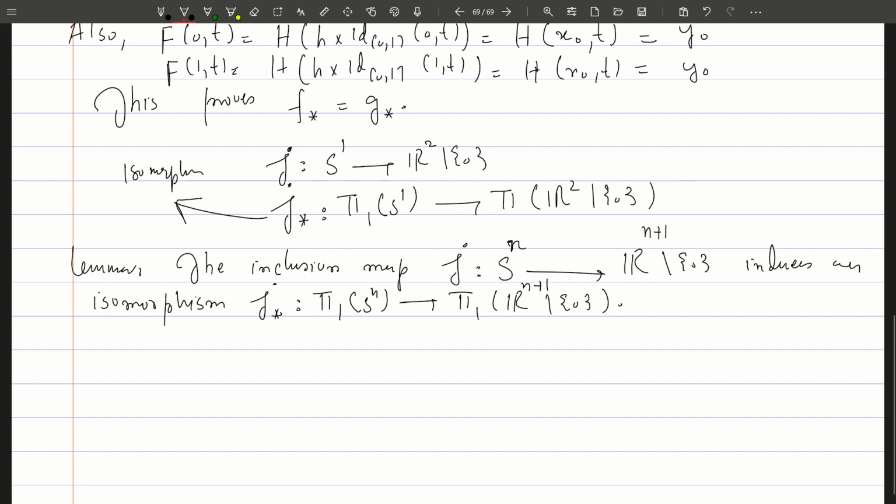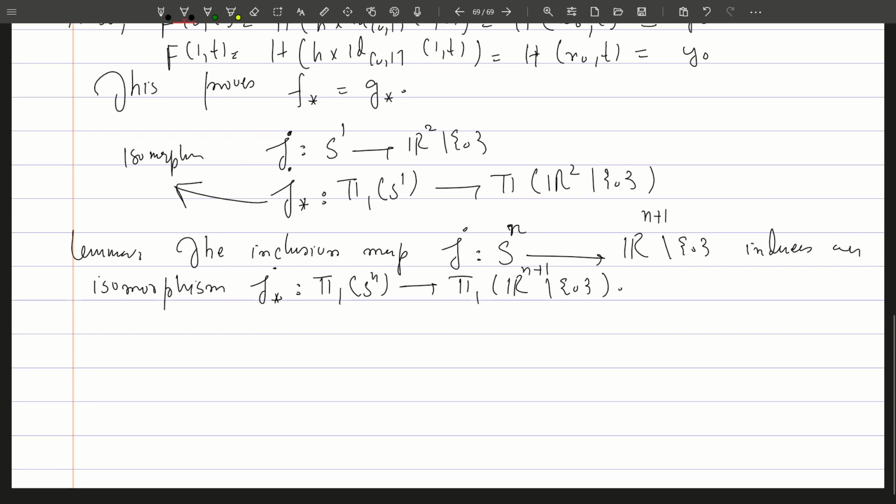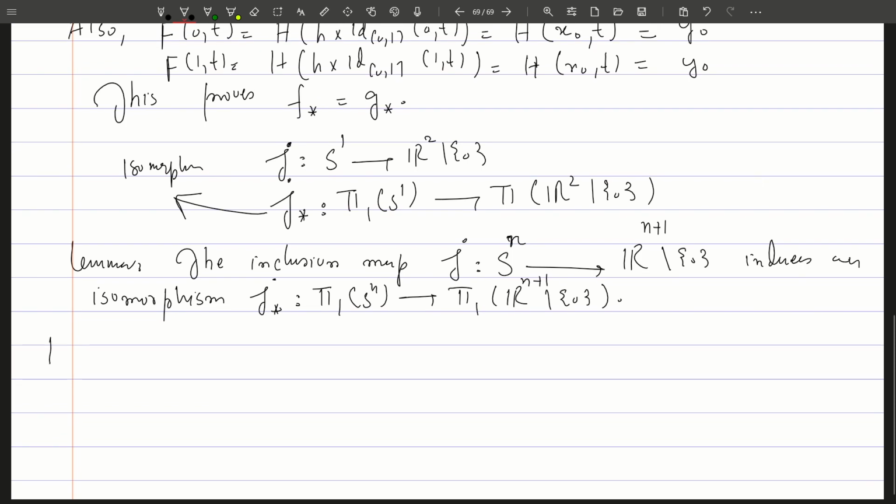So let us prove this. Let X be the space R^(n+1) minus 0.